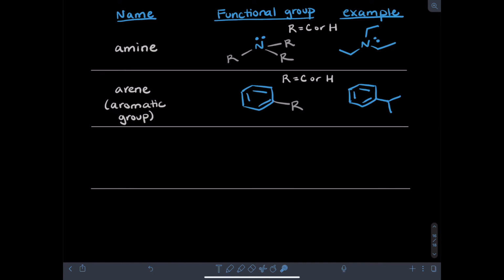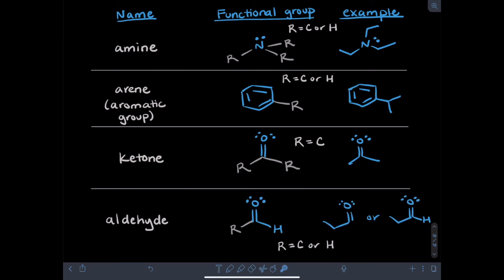Here R could be carbon or hydrogen. Now we're going to get into molecules where you have carbon-oxygen double bonds. A ketone has a carbon-oxygen double bond where the carbon is attached to 2 different carbons. These have to be carbons, not hydrogens.